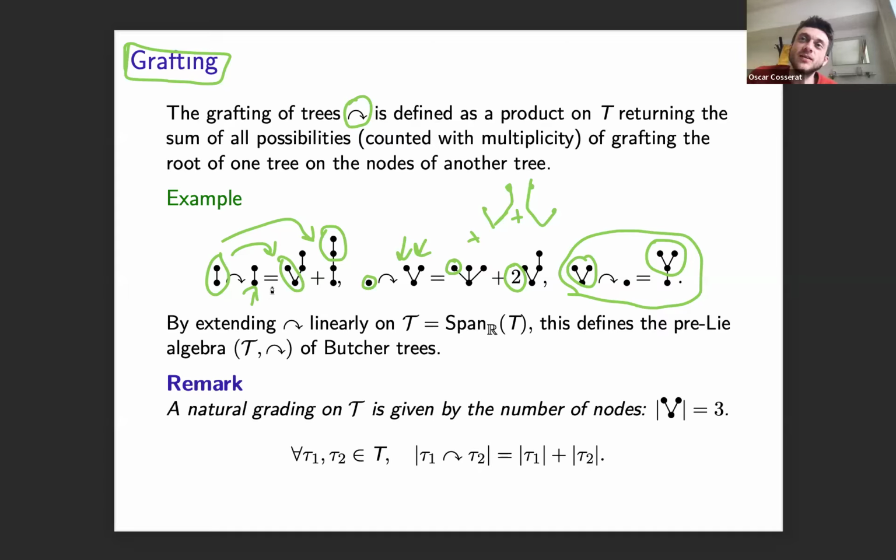Because the trees are rooted, so you graft the root and not other nodes. I see. Okay, understood. Thank you. Yeah, sure.